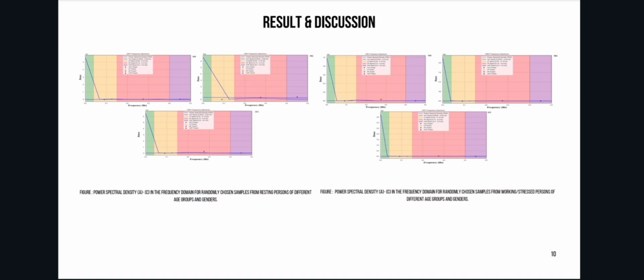NumPy library has been used in Python code to perform the FFT and to calculate the PSD. Matplotlib library has also been used to create a frequency spectrum graph from the HRV data. Both these figures show power spectral density in the frequency domain for randomly chosen samples from resting persons and working persons of different age groups and genders.